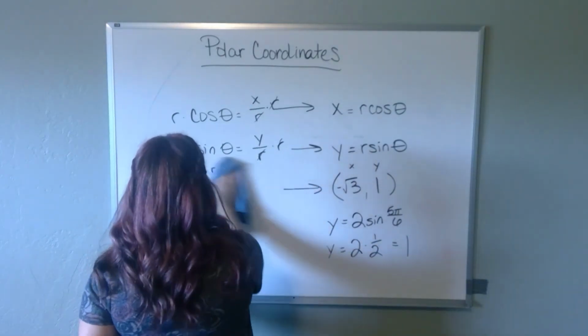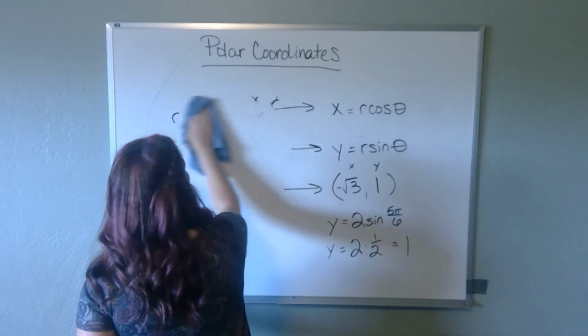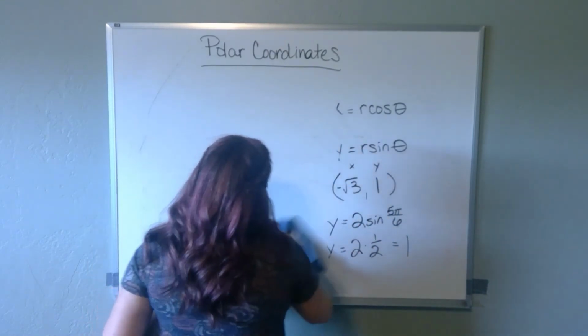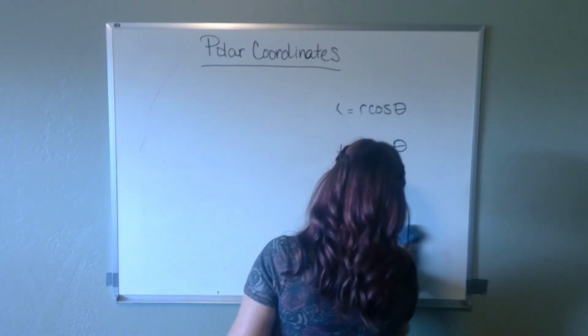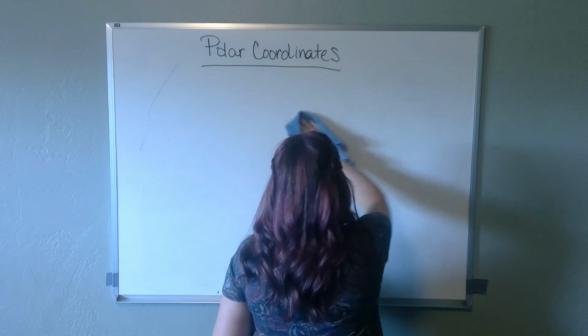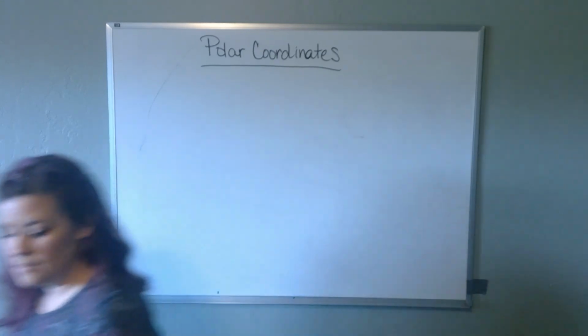Okay, so I want to do one more, converting polar to rectangular. If I can ever get this all erased properly.